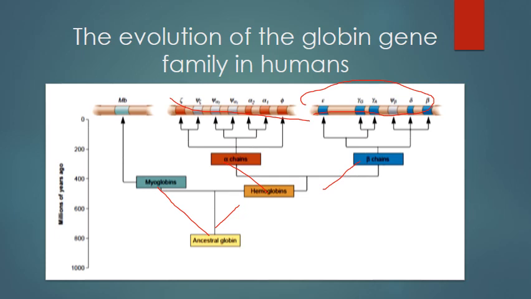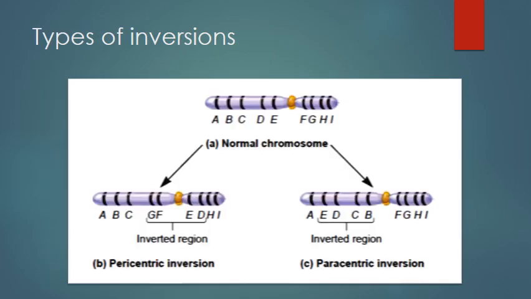Okay, next slide. Now we come to inversion, which often occurs without phenotypic consequences. We now turn our attention to inversions, the changes in chromosome structure that involve a rearrangement in genetic material. A chromosome with an inversion contains a segment that has been flipped to the opposite direction.